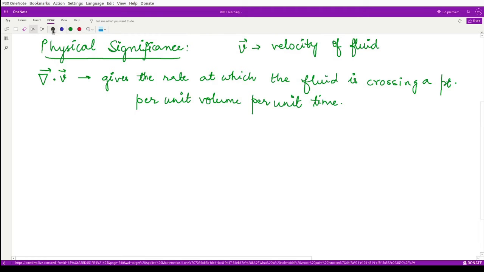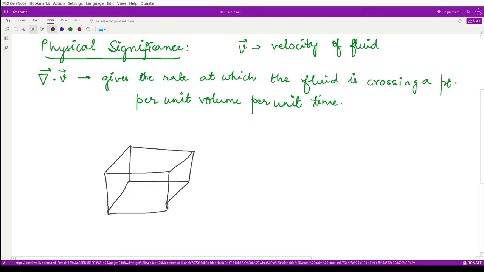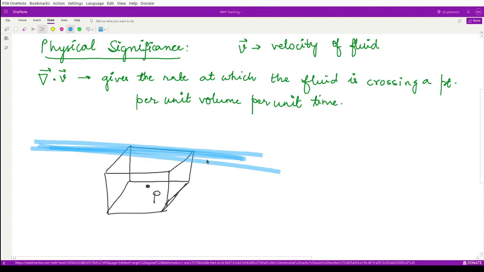So remember, we draw this parallelepiped in the 3D space, something like this, right? And then we have calculated, suppose there was some point P here, what is the effect of some fluid which is crossing through this point P in this particular direction.